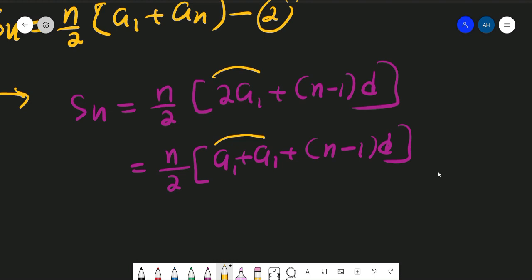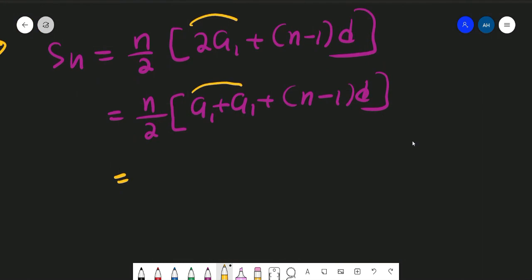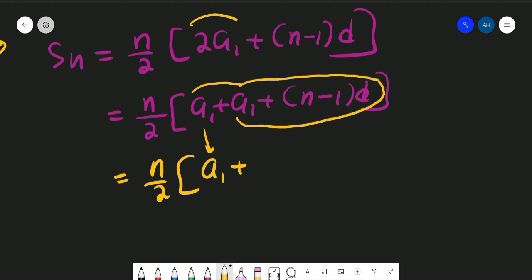Now this is equal to n over 2 times a1, that is this a1, plus this whole term here, a1 plus n minus 1 times d. This is actually an.